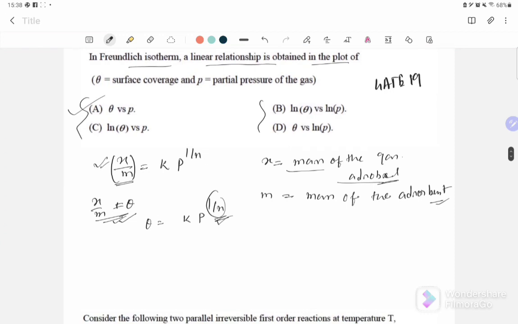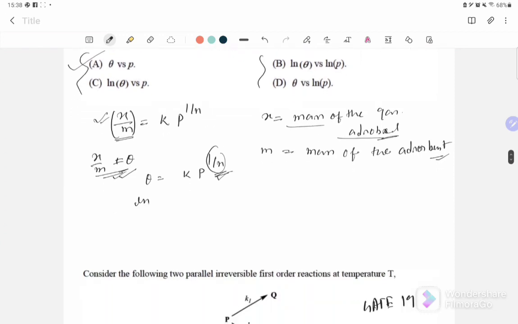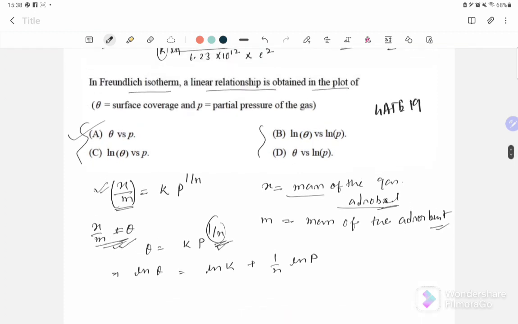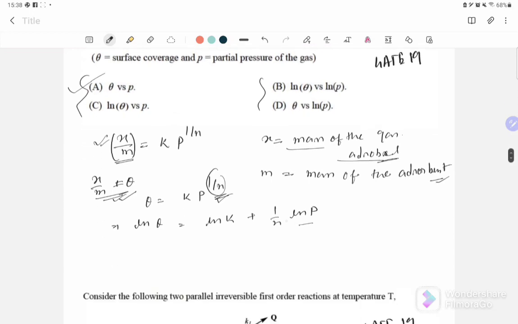ln theta is equal to ln k plus 1 by n ln p. So ln theta versus p cannot be linear. Theta versus ln p also cannot be linear. So what is linear?